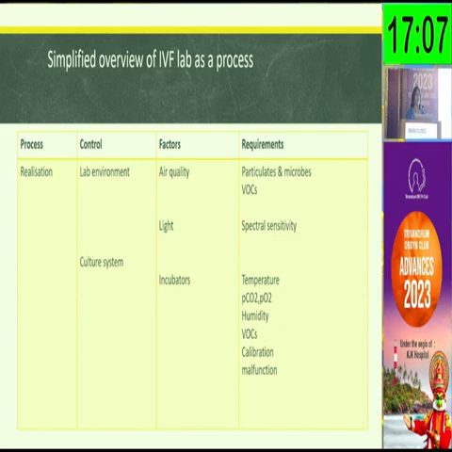The lab environment in which the embryos and gametes are cultured, the culture system at large, not just what is in the incubator but what is outside of it as well, such as the laboratory air, temperature, CO2, humidity, VOCs, everything included.